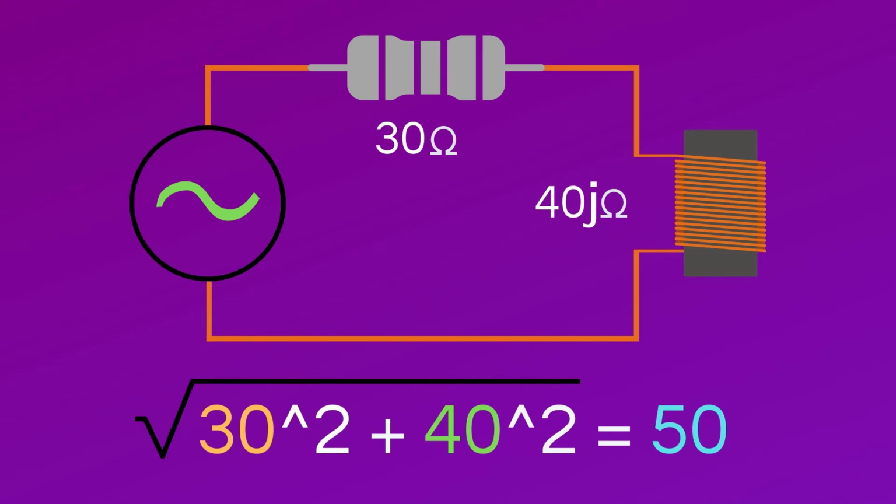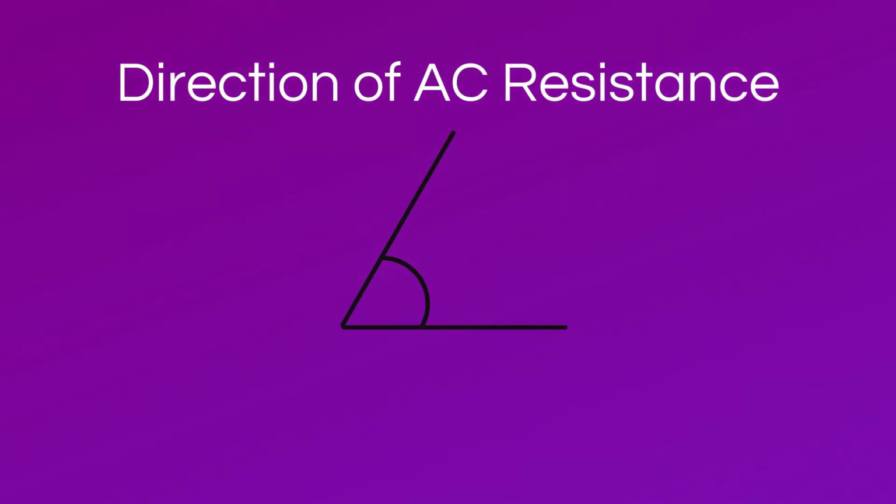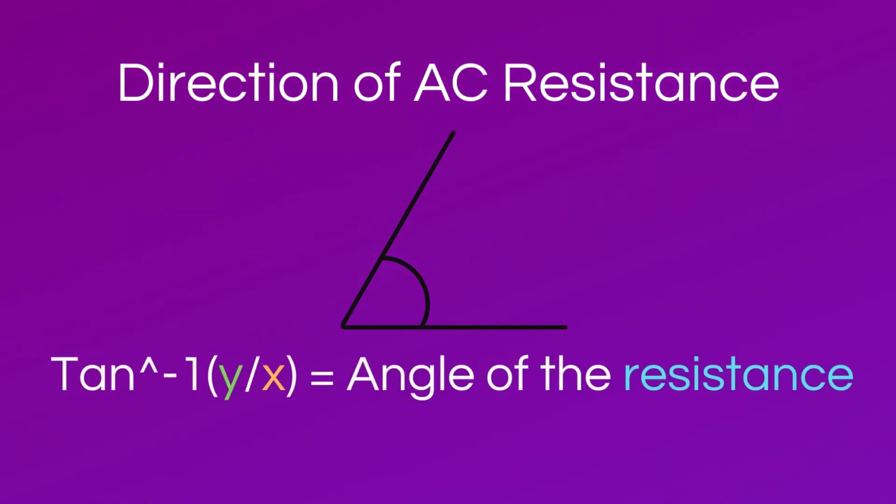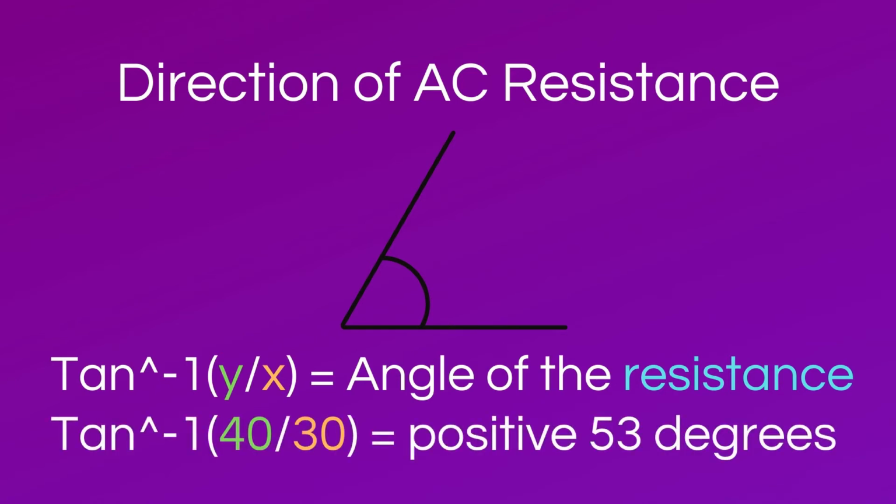this AC circuit. But resistance in AC circuits is also directional. So how do we find the directional component in the form of an angle? We do this by the following equation from trigonometry: the inverse tangent of the magnitude in the y direction divided by the magnitude in the x direction.